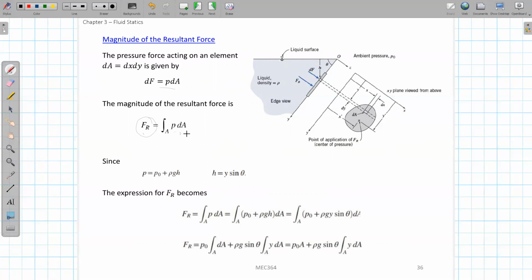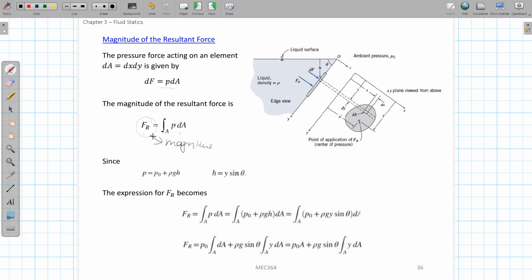This is very simple, right? Because pressure is stress, and stress integrated over area gives us force. This way we can reduce all this pressure force to a single force. Just integrate pressure over the whole area and we know the magnitude. This only gives you the magnitude, but the direction is also known, because for a flat plate the pressure force direction is always normal to the plate surface, and this normal direction won't change anywhere.